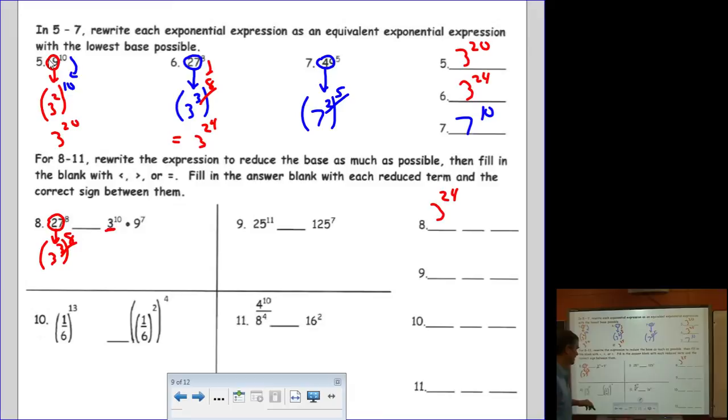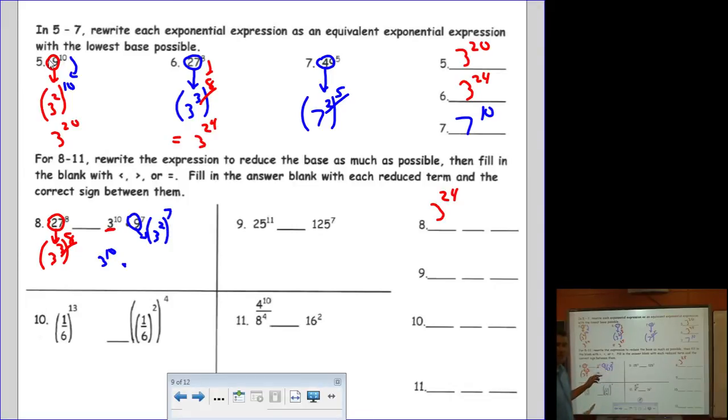On the other side, 3 to the 10th is already simplified. But the 9 can be rewritten as 3 to the 2nd power. Of course, since the 9 was to the 7th, the 3 to the 2nd power needs to be to the 7th.